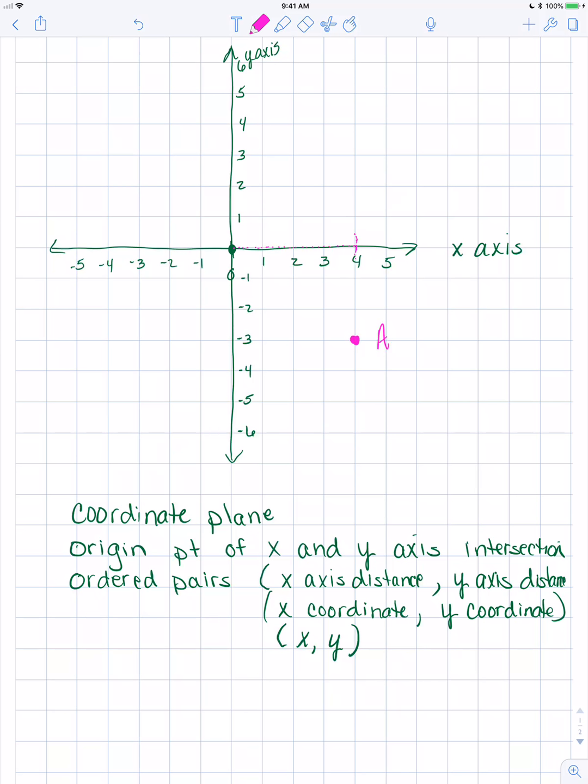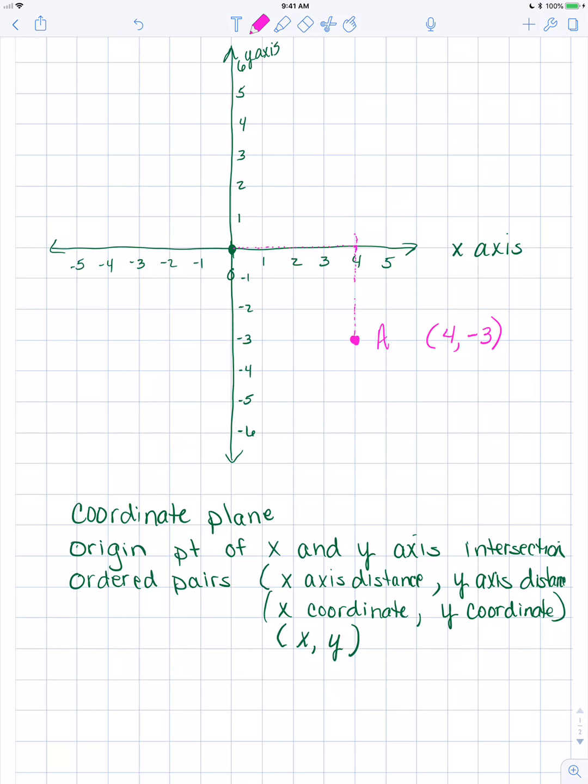Notice that it's at 4. So that x-coordinate is 4. Then we're going to see, okay, how do we get to it on the y-axis? Then we're going down 1 unit, 2 units, 3 units, and so that's negative 3. So that point A on our coordinate plane is called 4, negative 3.